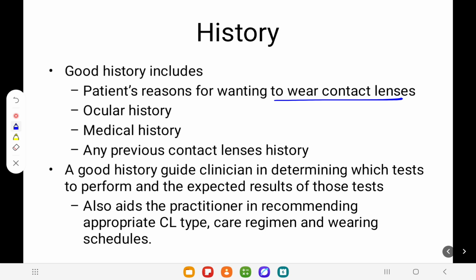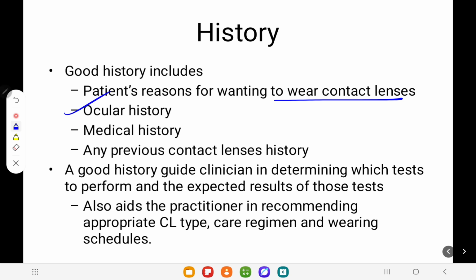Some patients want them for visual, optical purposes. It's very important why patients want the contact lens, and we must know whether their reason is based on reality or not. Sometimes they have fantasy, and that's really bad.